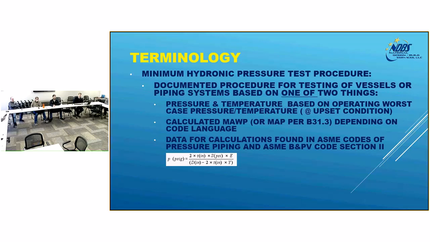Pressure and temperature, which is around the worst case operating, or at a single upset condition, or a calculated condition, depending on which code section you're in. And I just popped up an example of an equation that's used as part of these calculations. All the data can be found in the boiler and pressure vessel code section and pressure piping section.